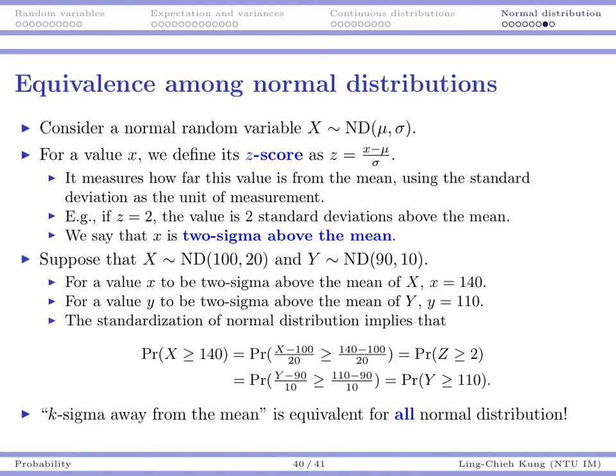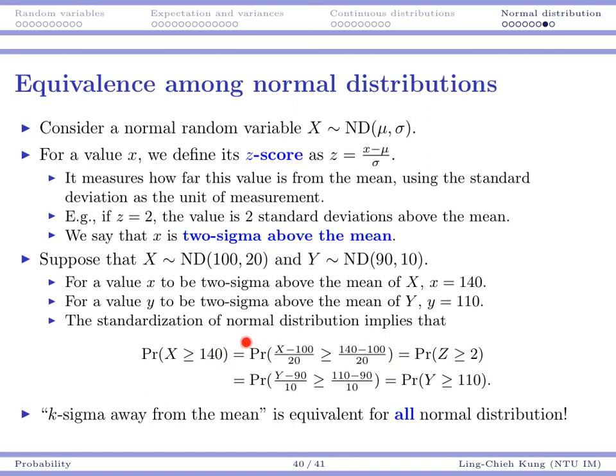And the interesting thing is that, given the standardization theorem we mentioned in the previous page, we have this. What's this? The probability for the variable x to be 2 sigma above the mean is this one. What's this? This is to subtract each term by 100 and divide each term by 20.